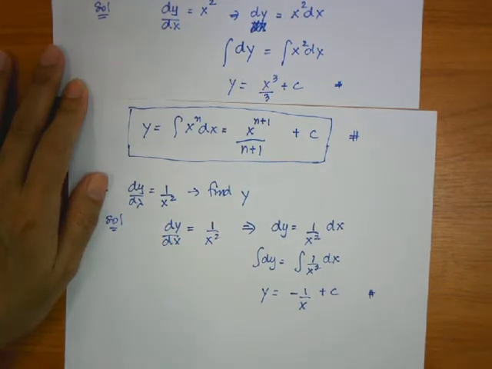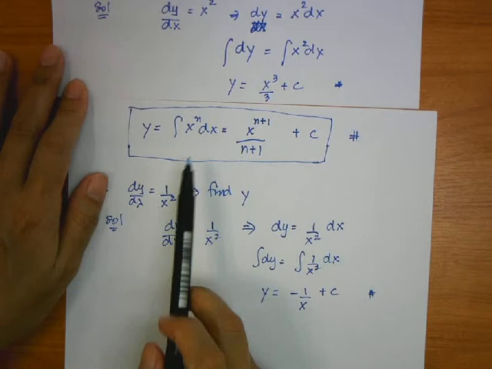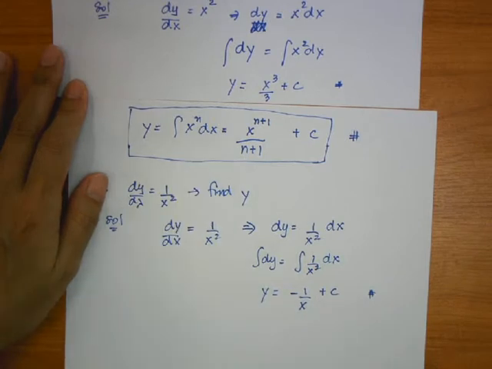What if n is equal to 4? What if you have dy by dx equal to x to the power 4? What would you get?